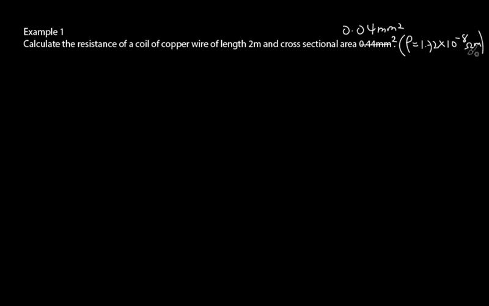Sorry, I initially wrote the area wrongly. Now this is something I forgot to tell you: the SI unit of resistivity is ohm meters, since it is resistance multiplied by distance.